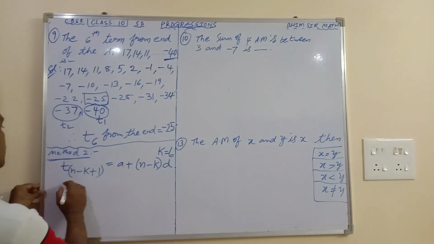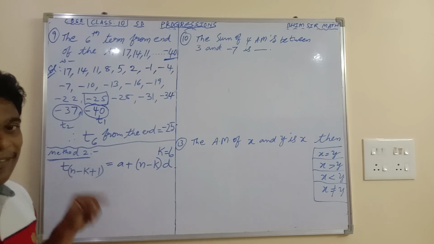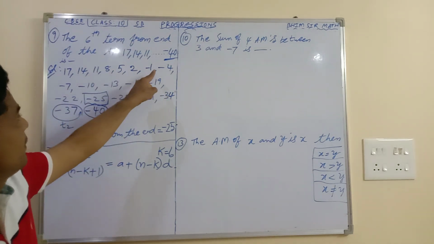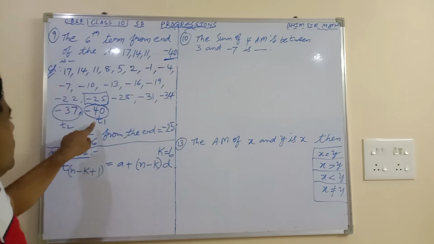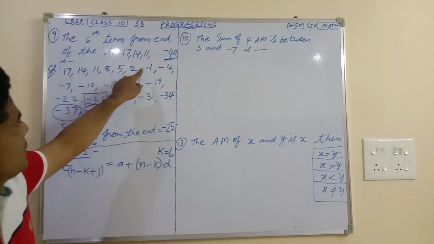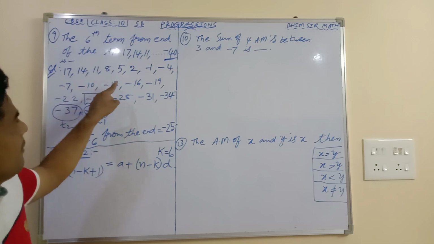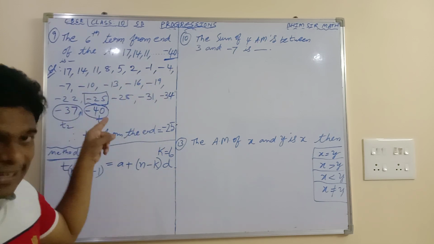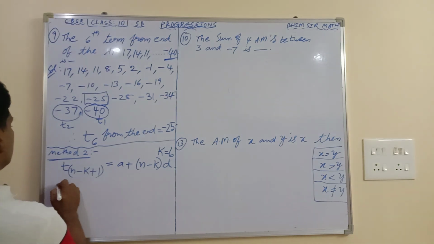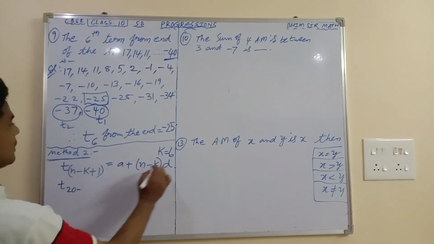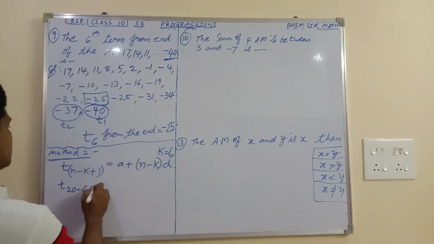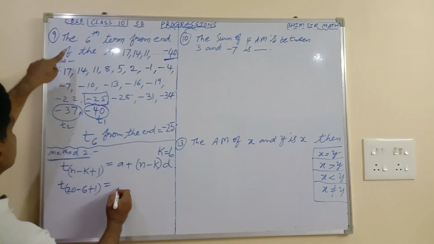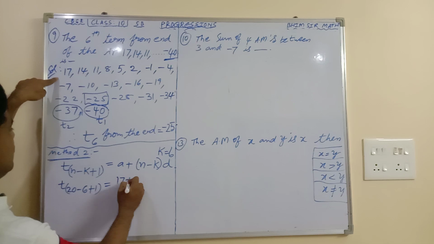Here, first of all, we have to know the n value. How many terms are there? 1, 2, 3, 4, 5, 6, 7, 8, 9, 10, 11, 12, 13, 14, 15, 16, 17, 18, 19, 20 are there. So n - K + 1 is 20 - 6 + 1. A means the first term, 17.